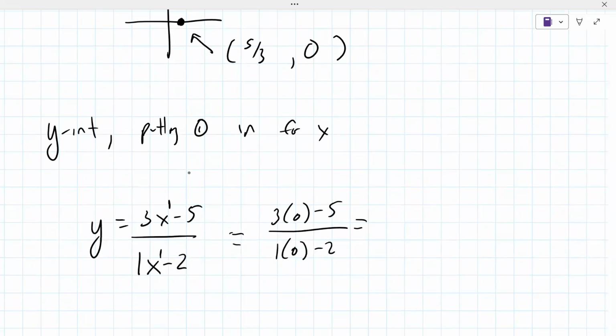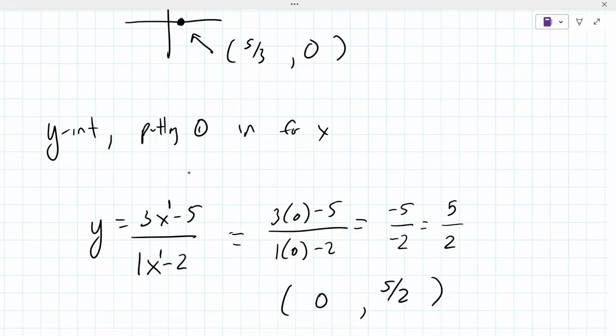What does that reduce to? -5 over 2. They're both negative though. Oh, positive. Okay, so what does that reduce to? Positive 5 over 2. Okay, now give me that as an ordered pair. 0 comma 5 over 2.